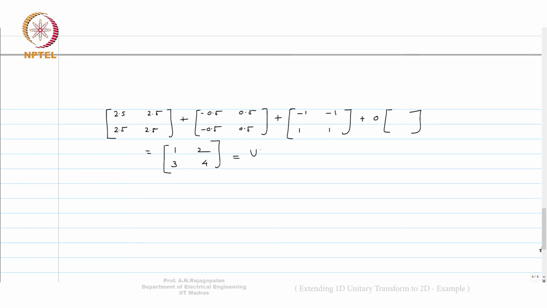But now the point is, we'd like to take this forward, and look for a formulation where even in 2D we would like to be able to write something like V is equal to something multiplying U, where this can be interpreted as a 2D transform. Before we can see that, we will have to look at what is really called a Kronecker product.